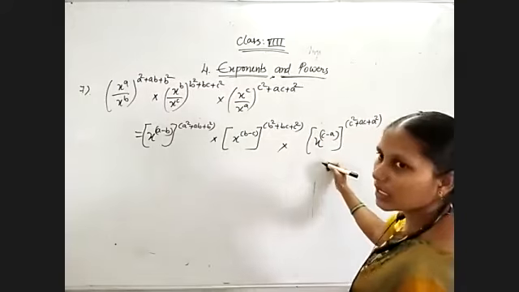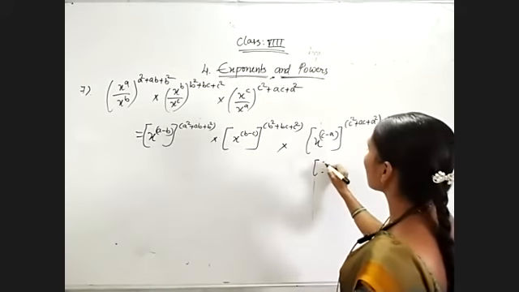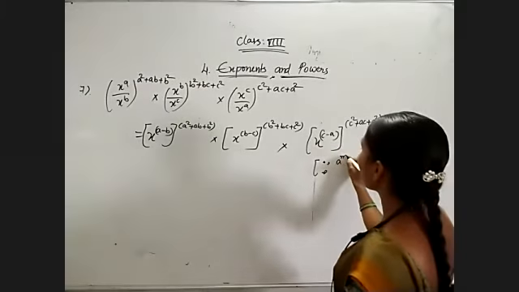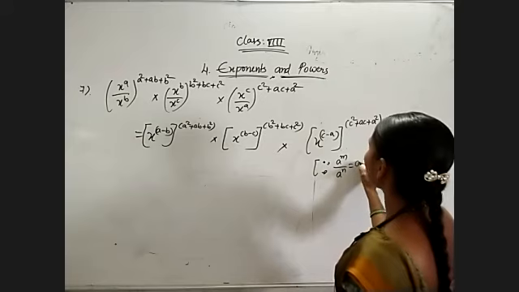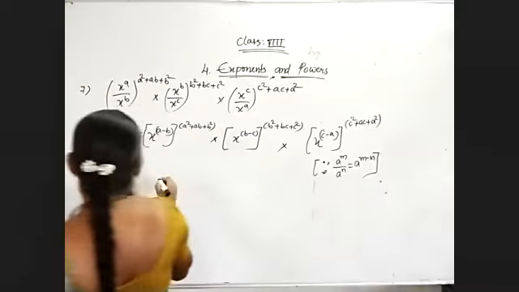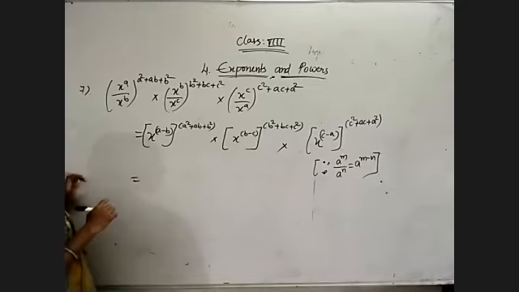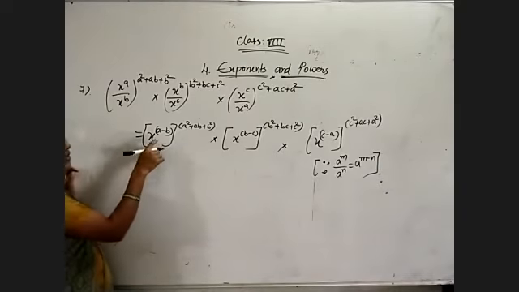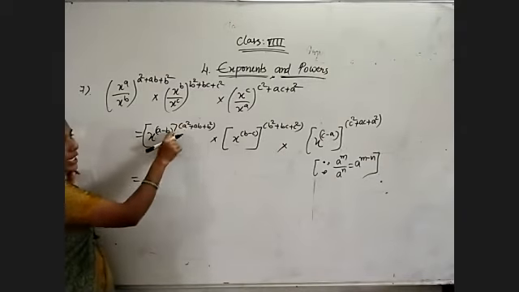So here it is very clear that it is in the form of a power m by a power n, so its simplification is a to the power of m minus n. Now observe a to the power of m whole power n, exponent to exponent.